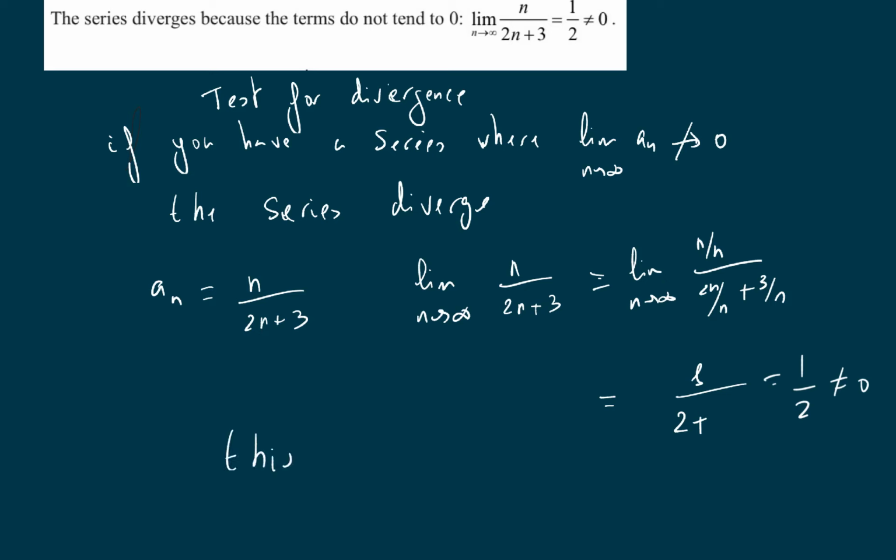This series diverge. You have to take note that this theorem means that the series diverge. It means that there is a condition: if a sub n doesn't go to 0, the series diverge.